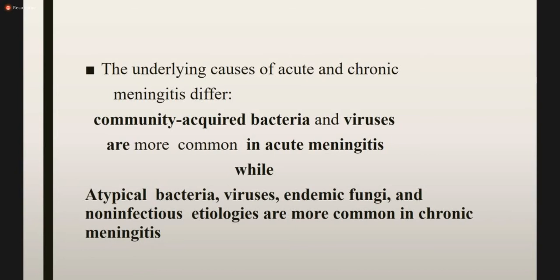According to causes, community-acquired bacteria and viruses are the most common causes in acute meningitis, while in chronic meningitis there are certain atypical bacteria, different slow viruses, and certain types of fungus. And apart from all these infective causes, there are non-infectious etiologies which are directly or indirectly involved in cases of chronic meningitis.